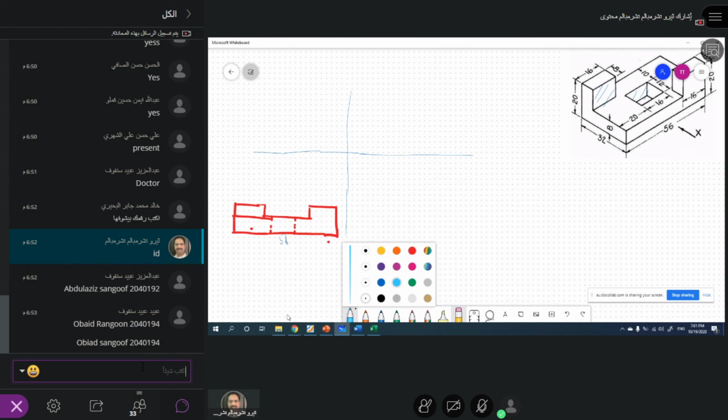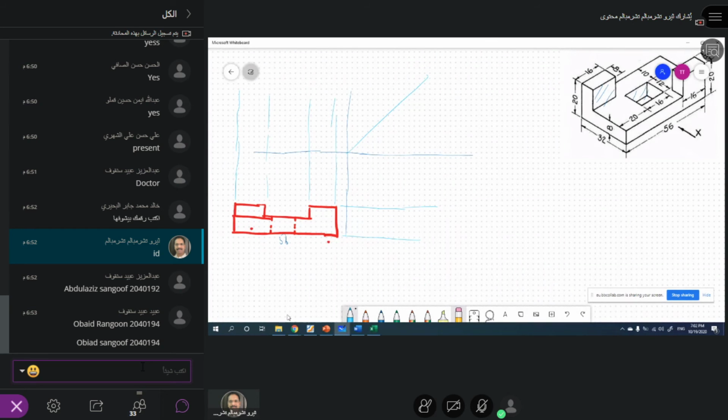And then I have to extend this line up. I have to make the construction lines from here. This is the front view. And then also I draw the construction line. So I extend this line and draw this 45-degree angle.